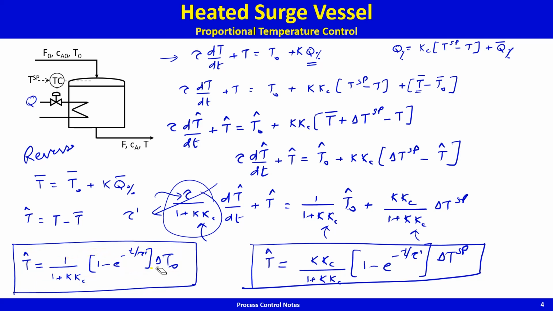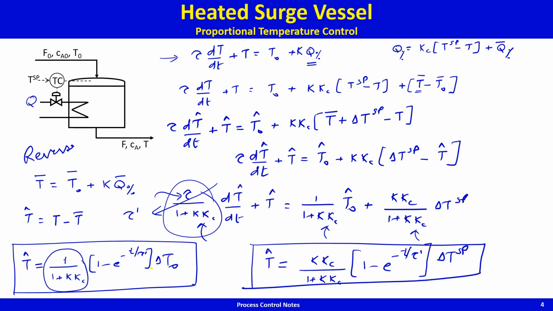This is the basic result. The key point to be noted is that when there was no control, this gain was 1. That means if delta t increased by 1, t would increase by 1. If inlet temperature T naught increased by 1, temperature would increase by 1.